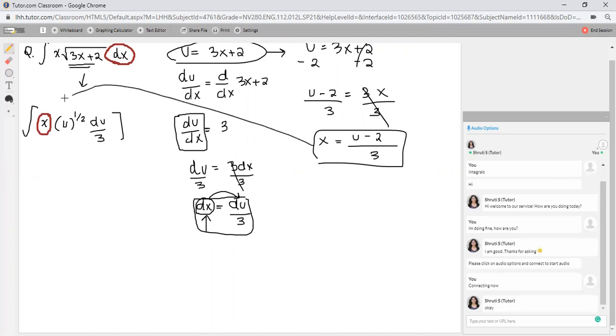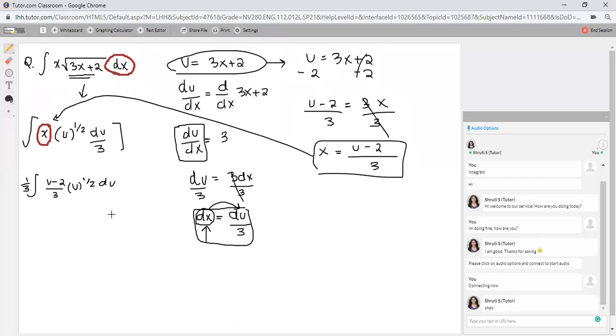Maybe put x here. Yes, let's substitute that. Would you try that? Sure. Yes, very good. So would you try the next step now?